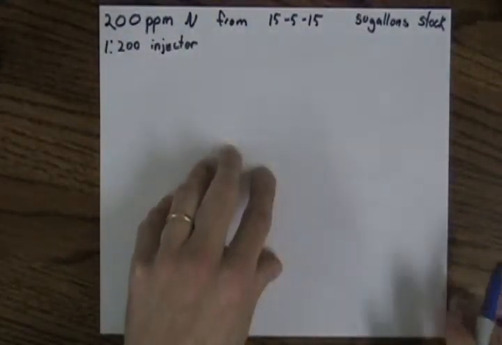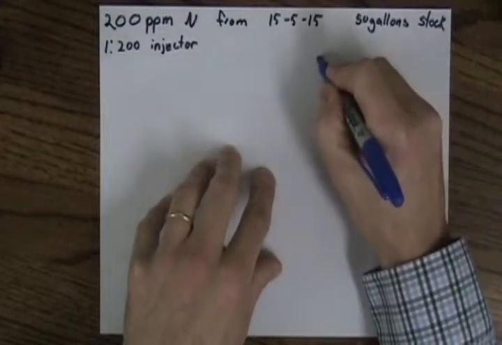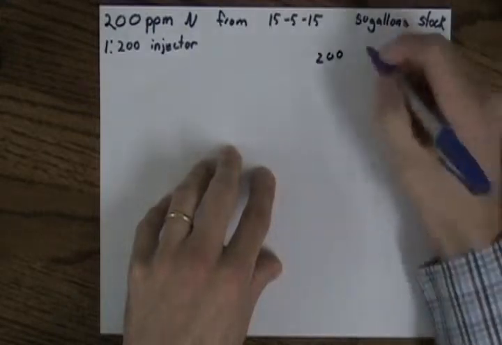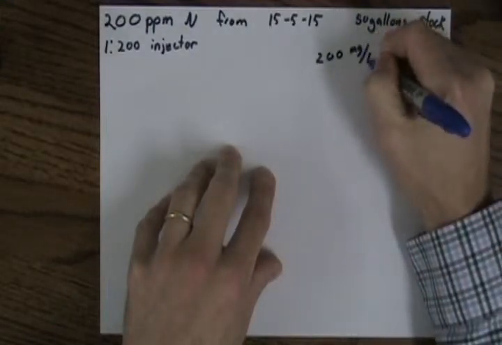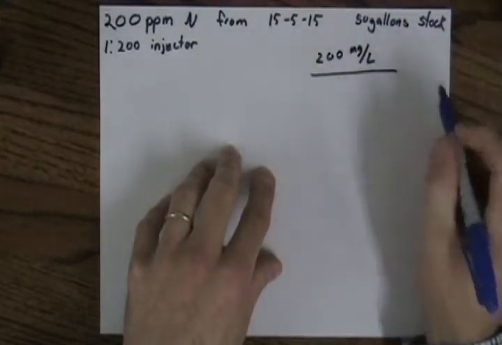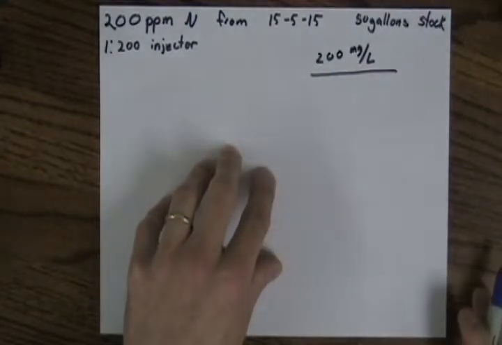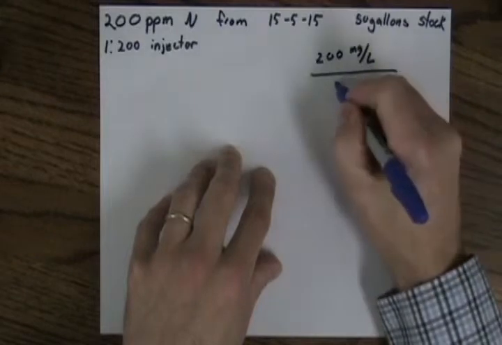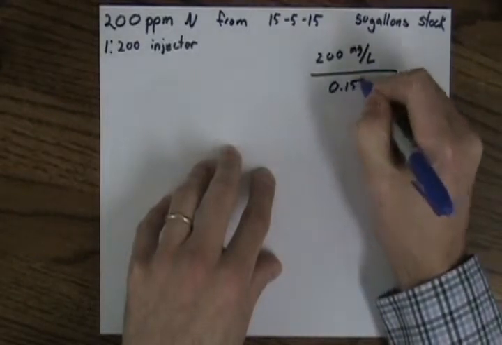parts per million nitrogen. And so we take 200 parts per million, or milligrams per liter, they're the same thing, and divide that by the percentage of nitrogen in our fertilizer, which is this first number, 15%, or 0.15.